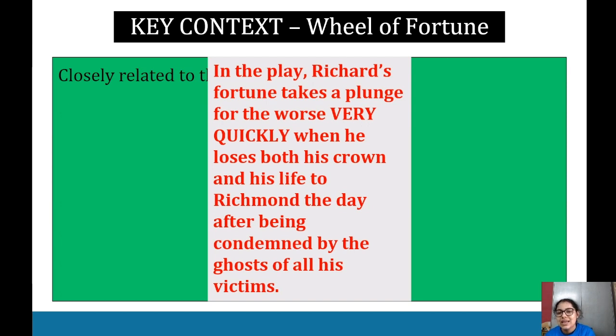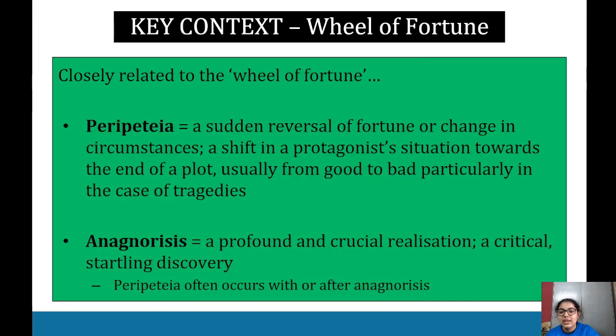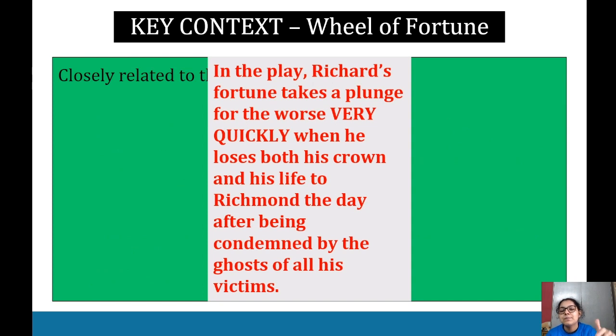In the play, this happens when Richard's fortune takes a plunge for the worse very quickly, when he loses both his crown and his life on the same day to Richmond. You can say the anagnorisis comes after he sees the ghosts in his dream, and then peripeteia happens, and his fortune shifts, and all of a sudden he's got nothing and he's dead.